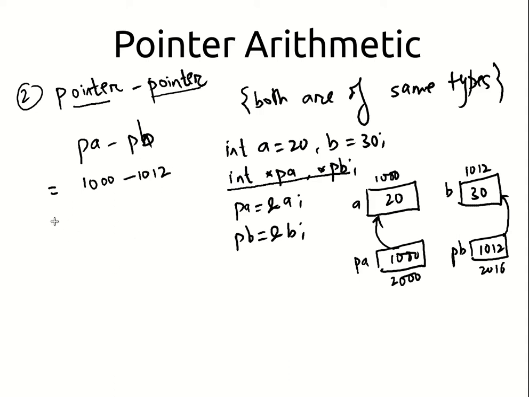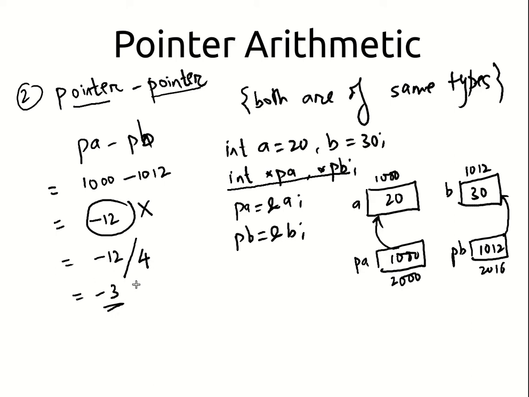You may assume that the answer should be minus 12, but you will not get minus 12. The answer will be scaled down by the size of integer, because it will be minus 12 divided by 4, since size of integer is 4 bytes, so it will be minus 3.